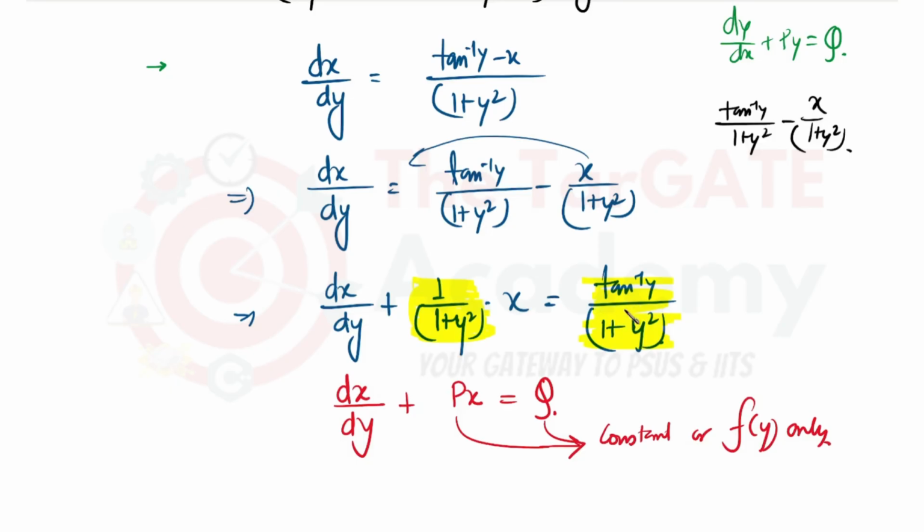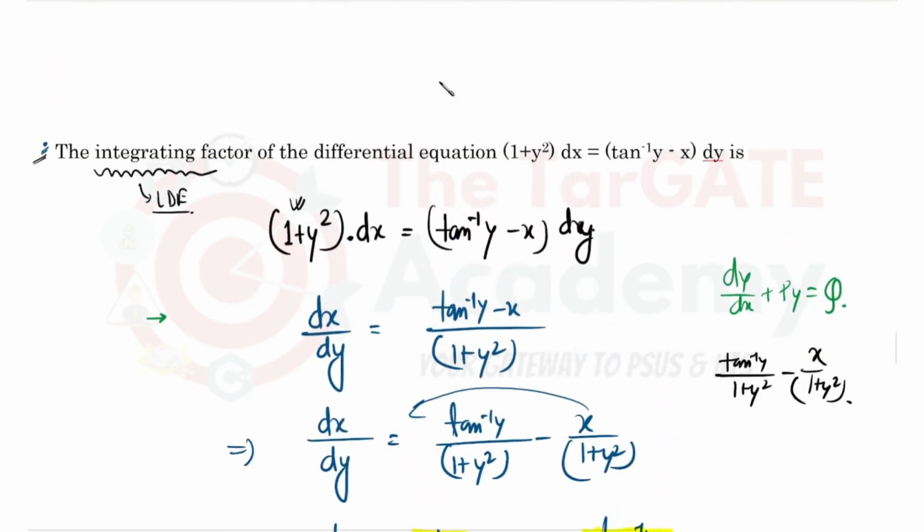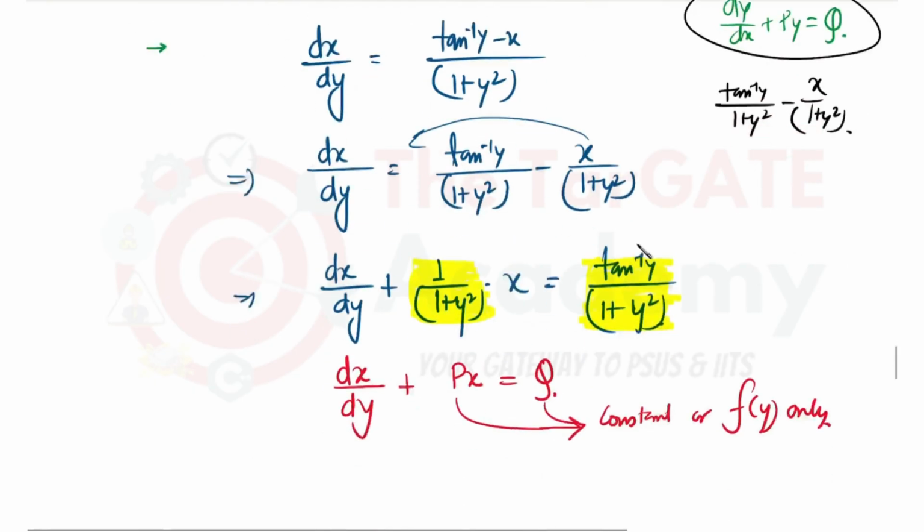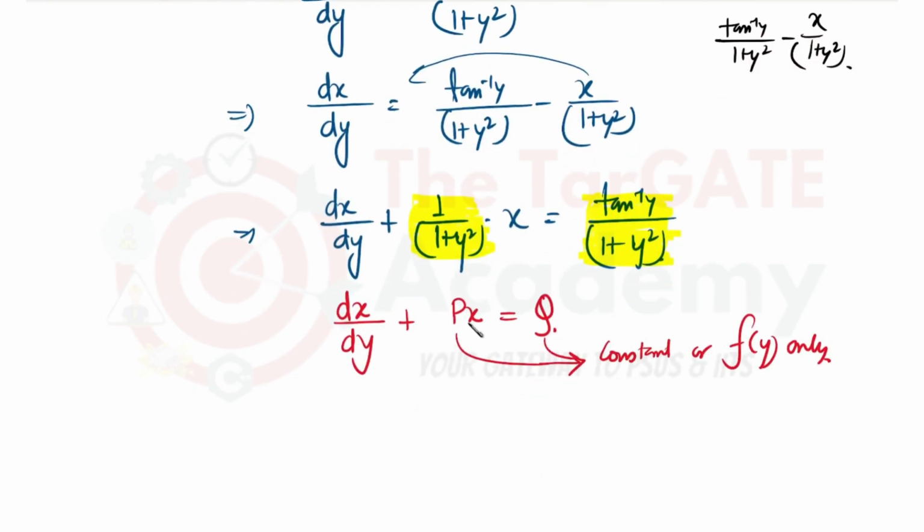Am I clear, all of you? Yes or no? This is how you will have to try: break it down or bring it out in a form so that we can easily express it as a linear differential equation.